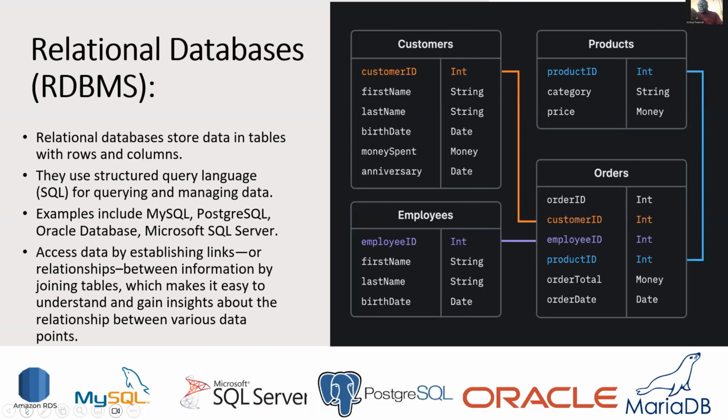Each of these tables relates to the others: the customer table relates to the orders table with a unique ID we call the customer ID, while the orders table can link up to the products table with a unique ID called the product ID. And then you can also link your employees with tables.